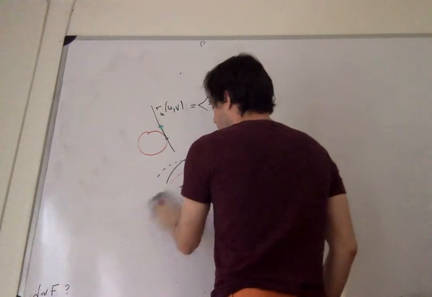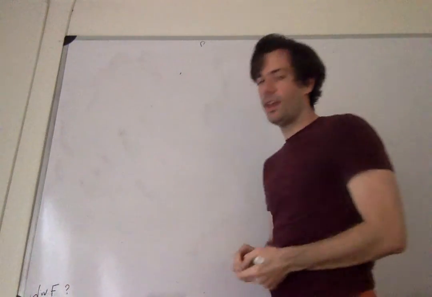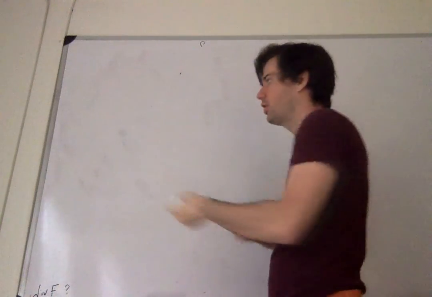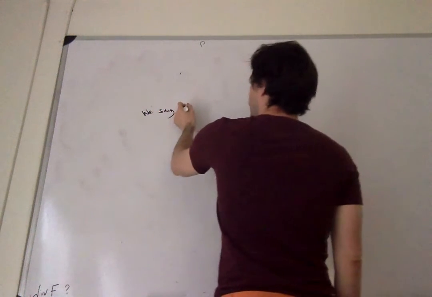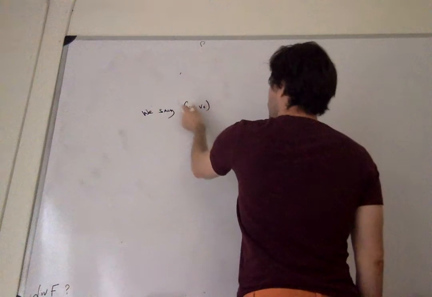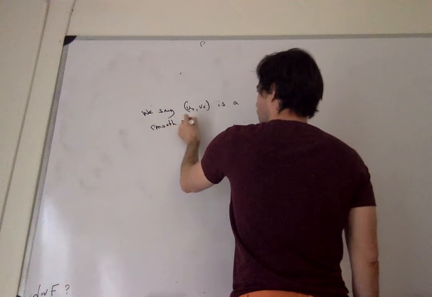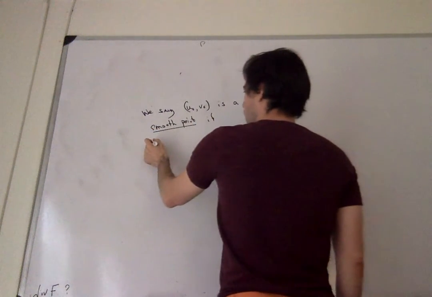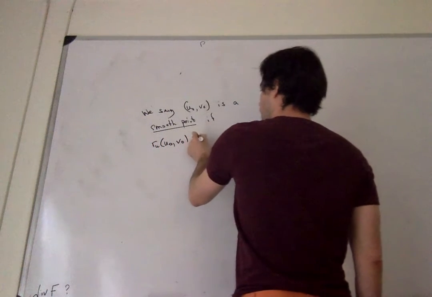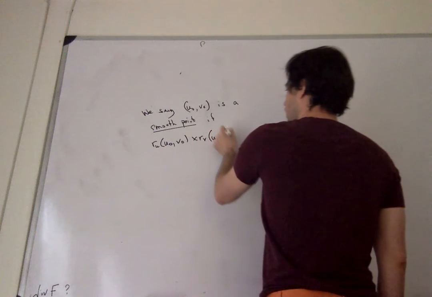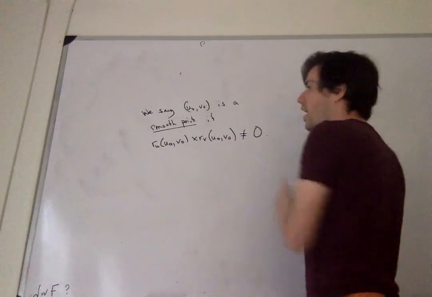Okay, so that's the point that I want to make, is that this r_u cross r_v needs to be non-zero when I take the cross product. So here's a definition you need. We say (u0, v0) is a smooth point if r_u(u0, v0) cross r_v(u0, v0) is not equal to 0.